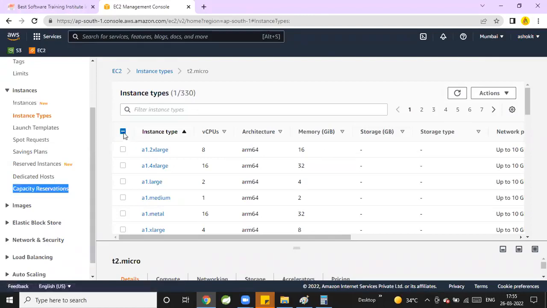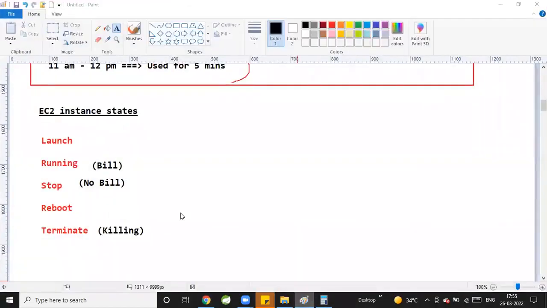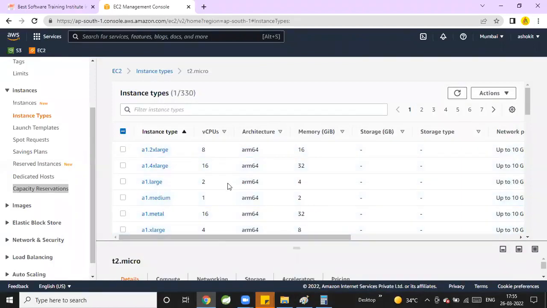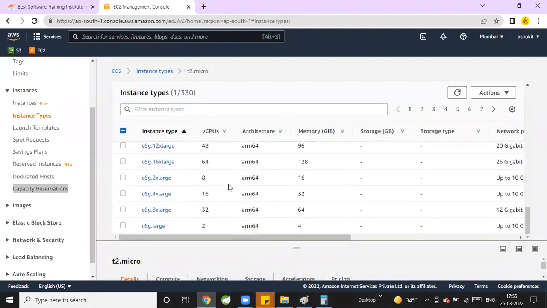Guys, do you understand the instance types now? Yes. So how will you know the pricing of the instances? There is a table, right? Instance types is available. Which instance type are we using in EC2 at the time of creation? T2.micro. Why are we using T2.micro?